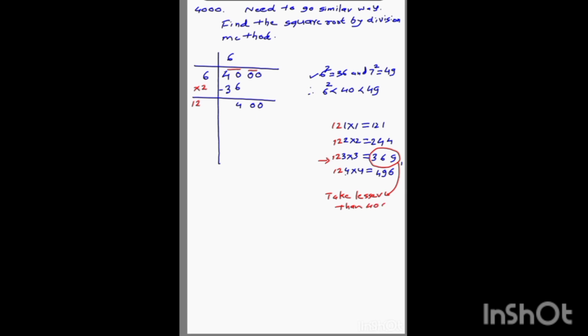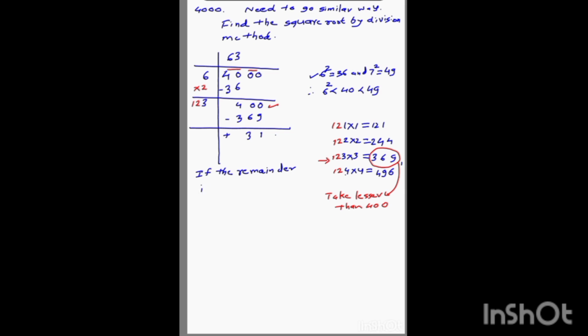So we will write 123 and 3. See now the actual problem. 12 I have already done, 3 and 63, it will become 369. Now carry out the subtraction, that will be 31, and remember it is plus 31. The moment it is plus 31, you have to subtract it. So remember, when you try to find the number which is to be subtracted, you should always get plus.